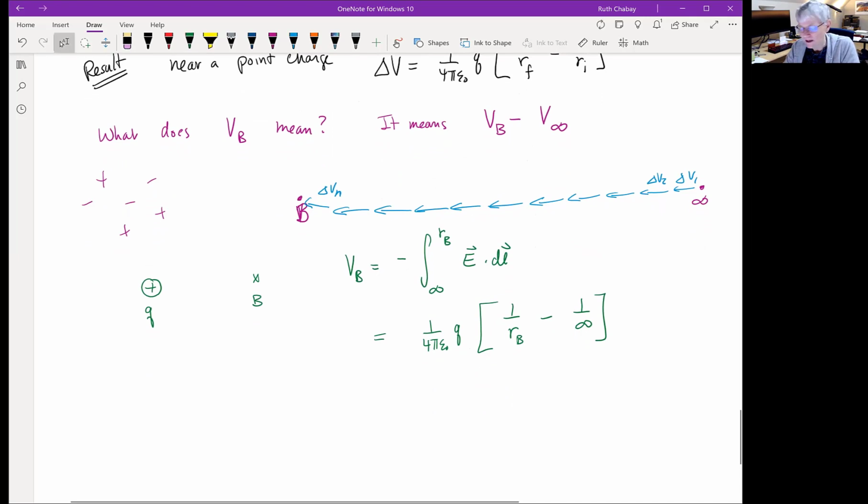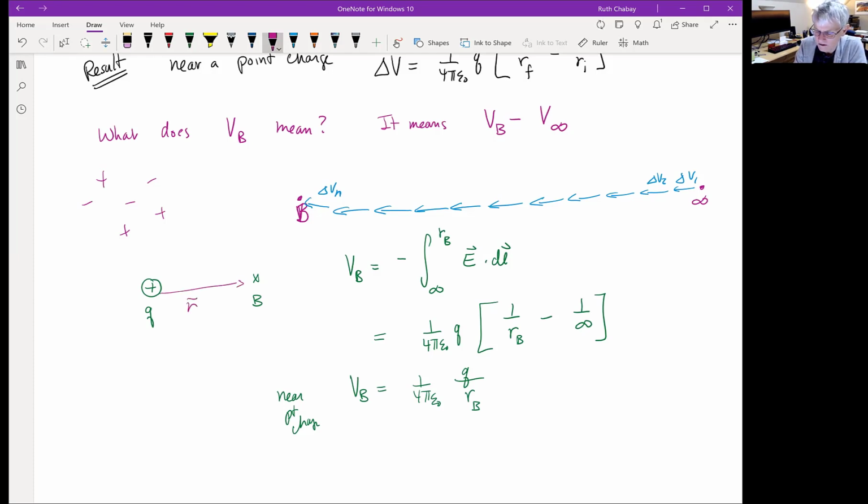And physicists are perfectly happy with 1 over infinity. We think it's 0. If you're a mathematician, you may want to think of the limit as r goes to infinity. And so the potential near a point charge would just be 1 over 4 pi epsilon 0 q over r sub b, where that's r sub B, right?